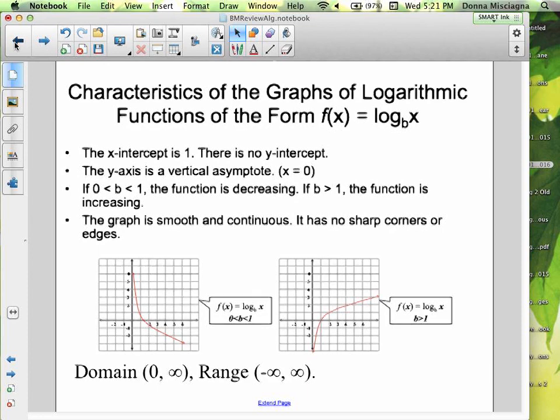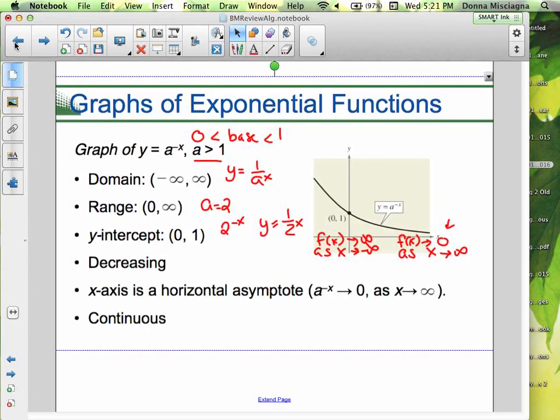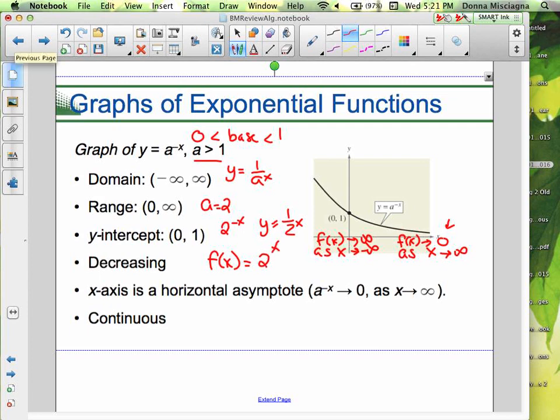When we have an exponential function, let's just say we had f of x equals 2 to the x. So the x here is the exponent, and the y, or the f of x, is the result.